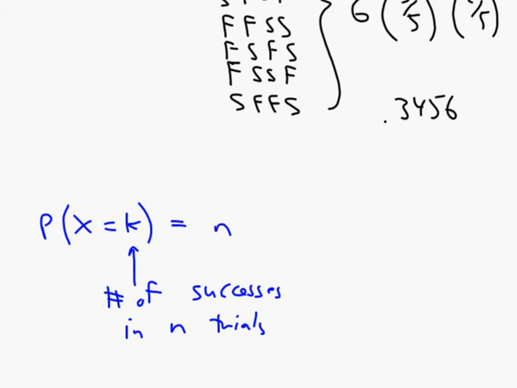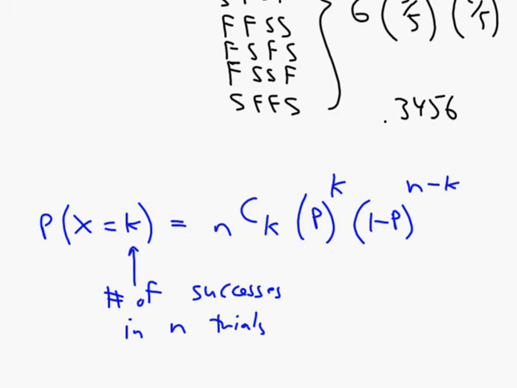It equals n choose k, that's like combination, right? Times the probability of success to the k power, times the probability of failure, which we can write as 1 minus success, to the n minus k power.